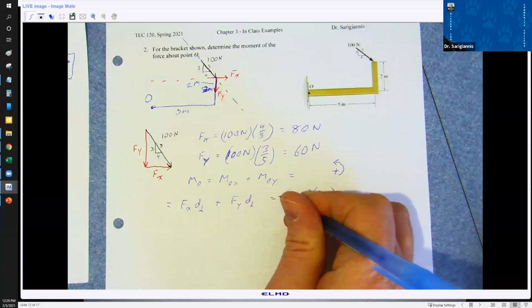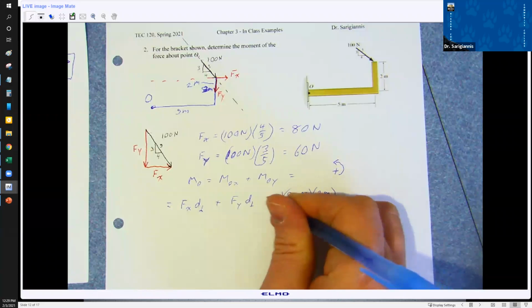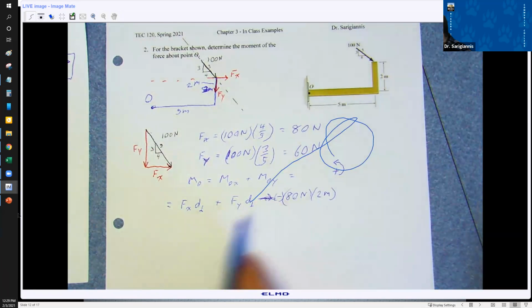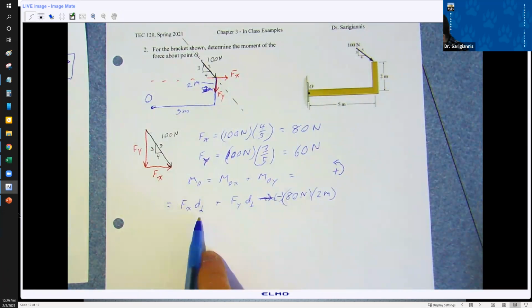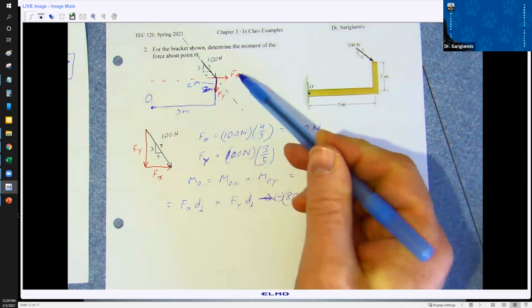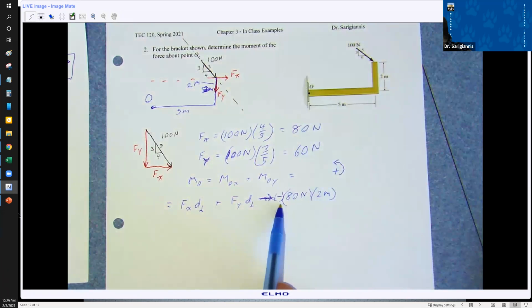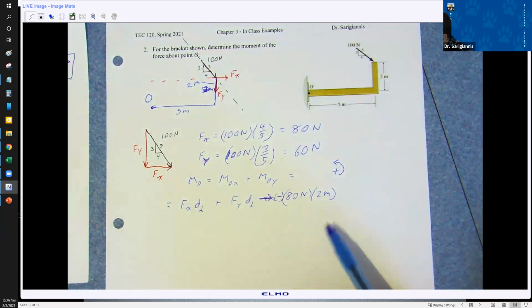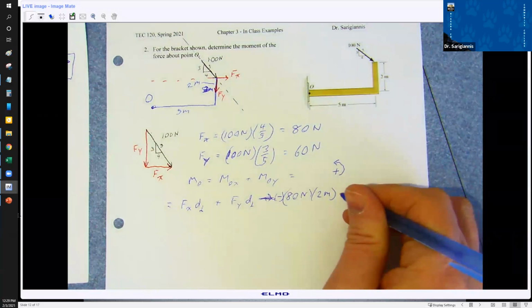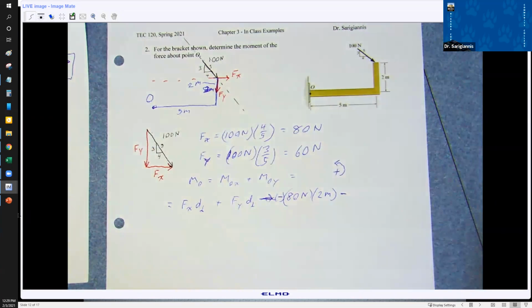So this is going to be a negative. This moment about the origin based on the x component of force is negative because it's clockwise.